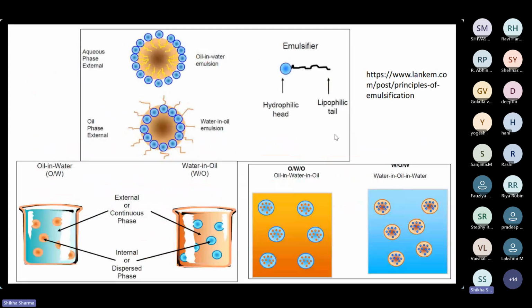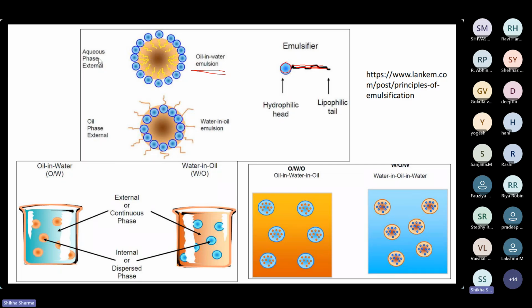If we see here, this is the emulsifier. Here is the hydrophilic head and this is the lipophilic tail. If there is an oil in water emulsion, what will happen?